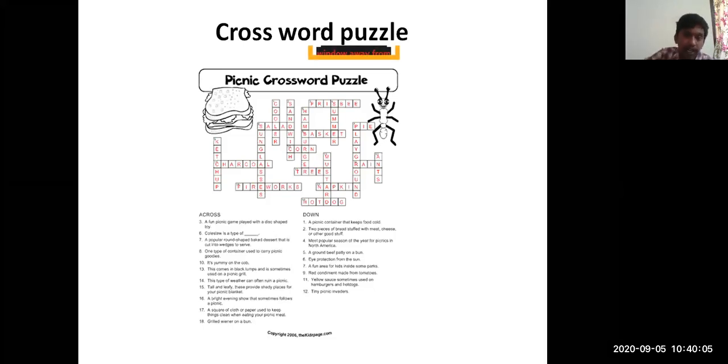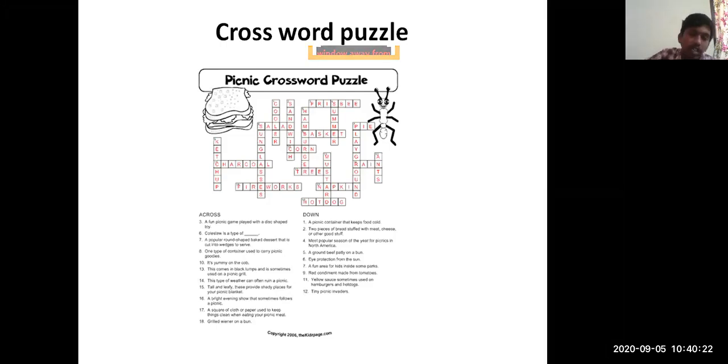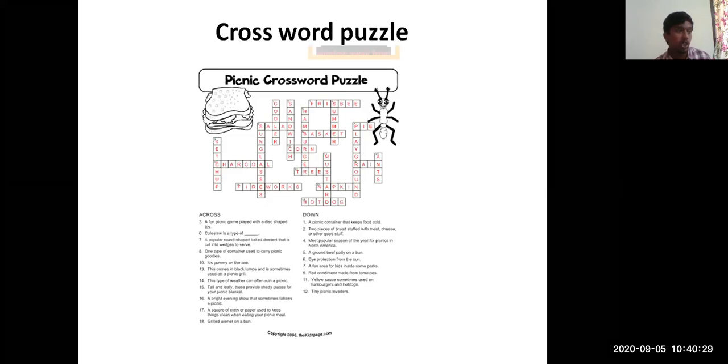At the bottom you can see some hints are given. The first one says a fun picnic game played with a disc shaped toy. That is across one. The answer is Frisbee. Depending on that you get the next solution. So how to develop such games in the real world? That is the concept of your constraint satisfaction problem.